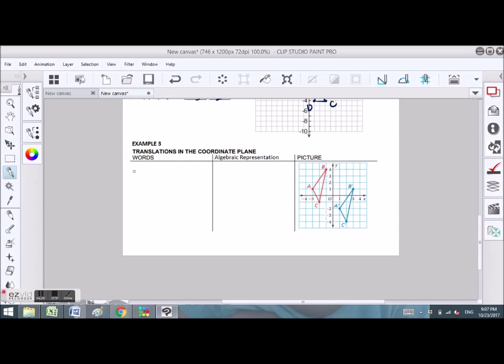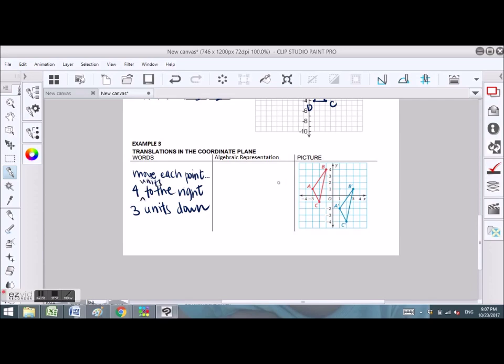So move each point 4 to the right, and 3 units down. That's 4 units to the right.